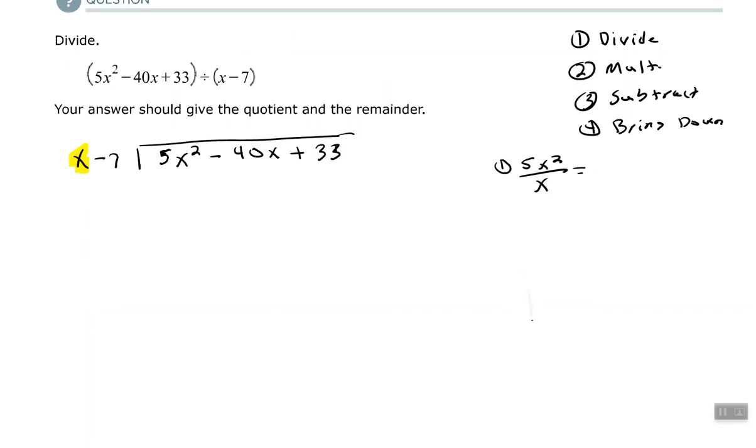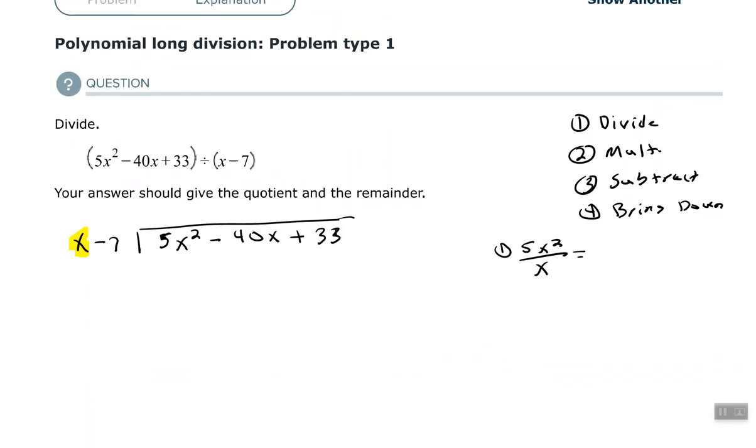So 5x squared divided by x, using my quotient rule, gives me 5x to the first power. It doesn't matter where you put that. So 5x.